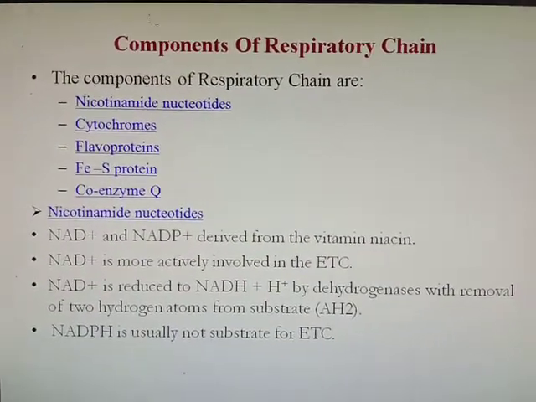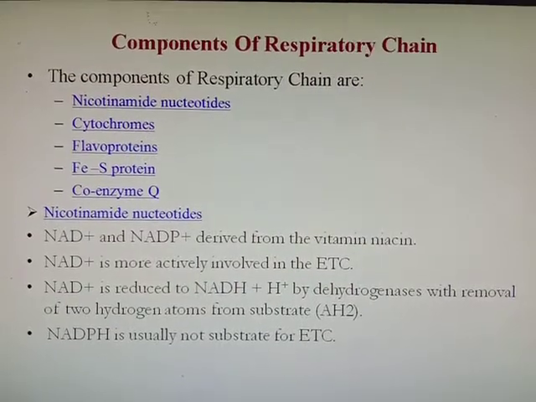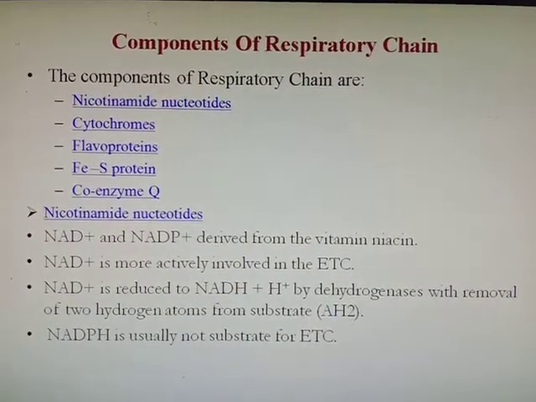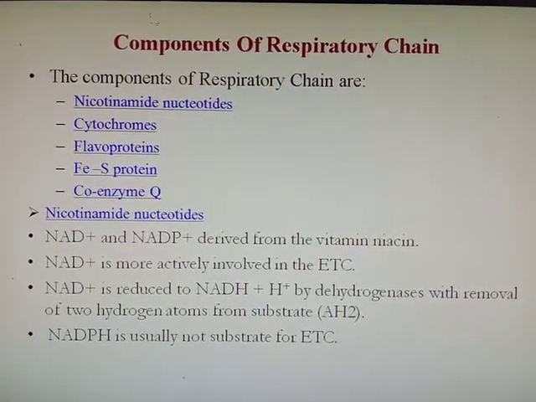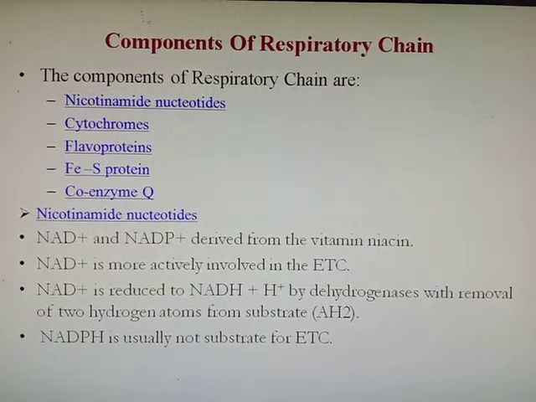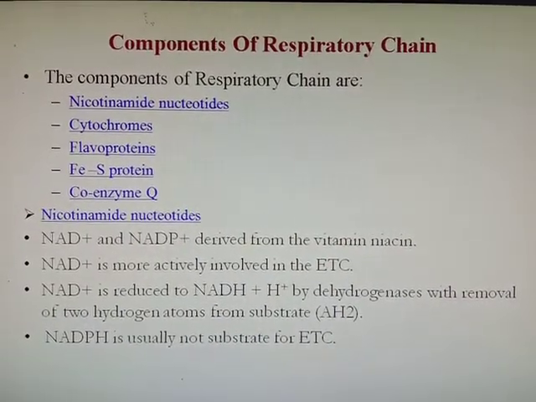Then the components of the respiratory chain. The components of the respiratory chain are nicotinamide nucleotides, cytochromes, flavoproteins, iron sulfur proteins and coenzyme Q. First is nicotinamide nucleotides. NAD and NADP are derived from the vitamin niacin.